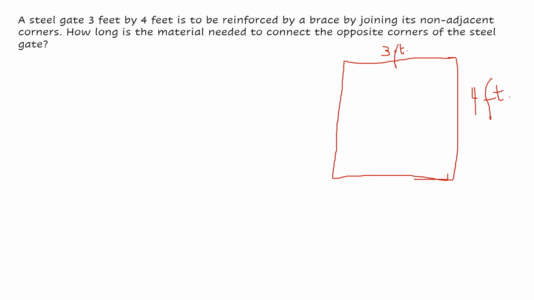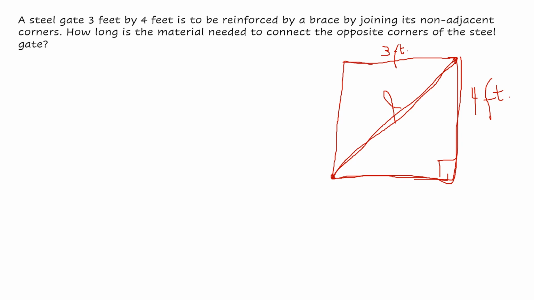Now, there is a brace which joins the non-adjacent corners, meaning from one corner down to the opposite corner of the rectangle. So what is the length of this brace? Let's represent it with L. And as you can see, the half of this rectangle forms a right triangle.